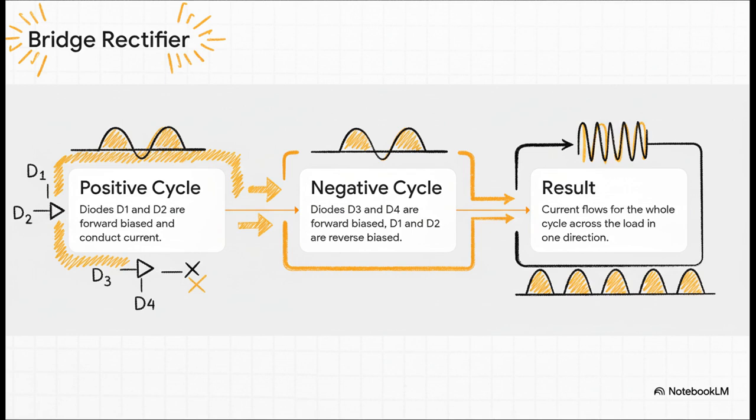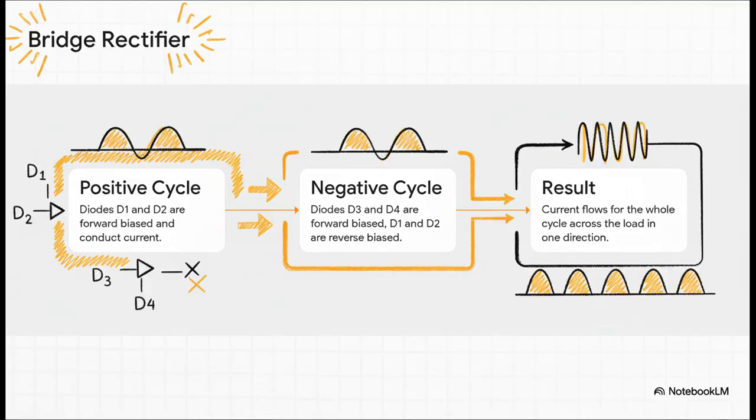They create a path that steers the current through the load in one direction. Then, when the negative cycle comes around, they switch off, and the other pair, D3 and D4, turn on. And here's the clever part. They catch that reversed current and steer it through the exact same load in the exact same direction. The result is this constant stream of positive pulses, one right after the other.